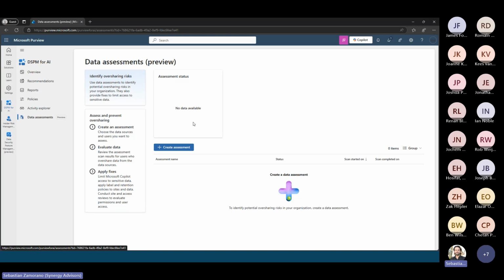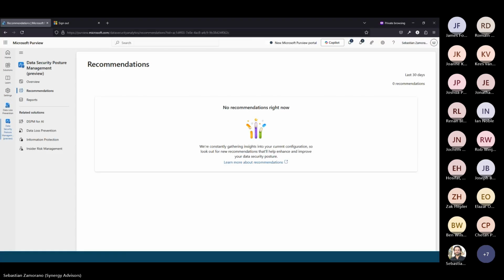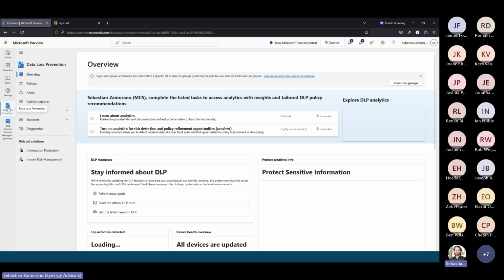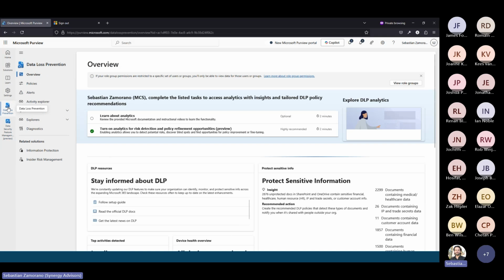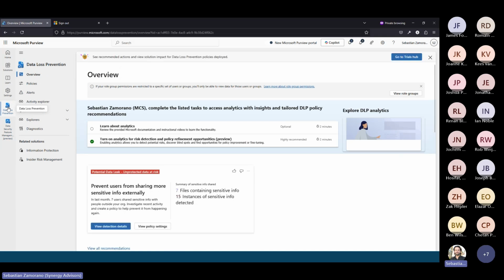And the other recommendation is under DLP: remember that today you can create a specific DLP policy for Copilot to prevent Copilot from accessing certain kinds of data. Feel free to start reviewing.